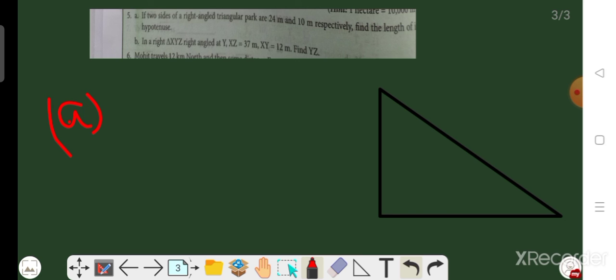As you know, this is your hypotenuse, this is your perpendicular, and this is your base. We are given, beta, that one of the base and perpendicular is 24 and the other is 10. Let us suppose perpendicular is 24 and base is 10 meter, and we have to calculate the hypotenuse.